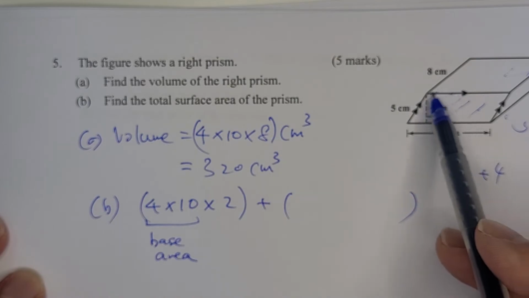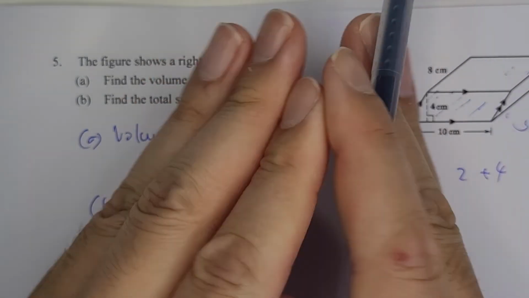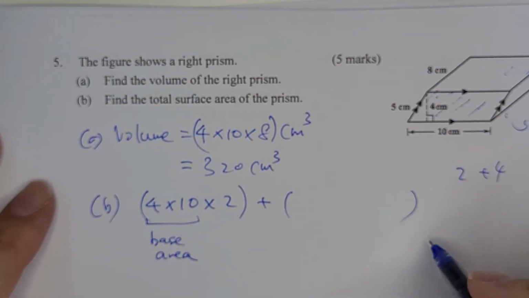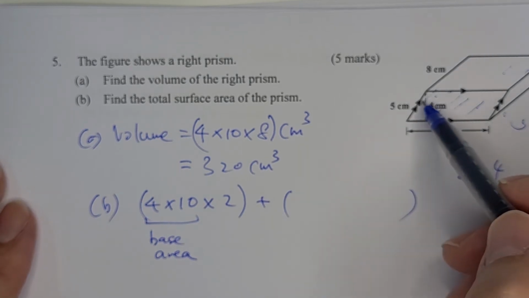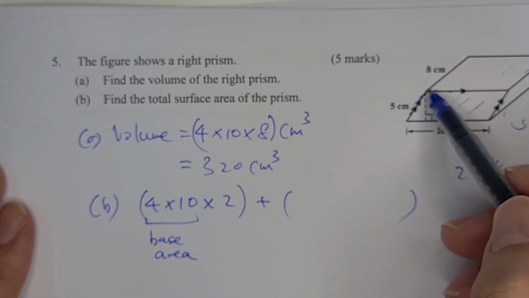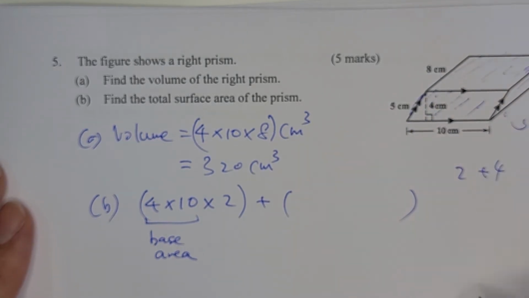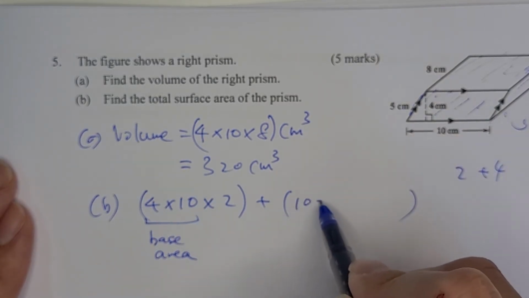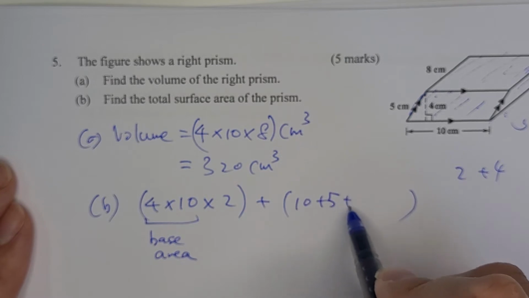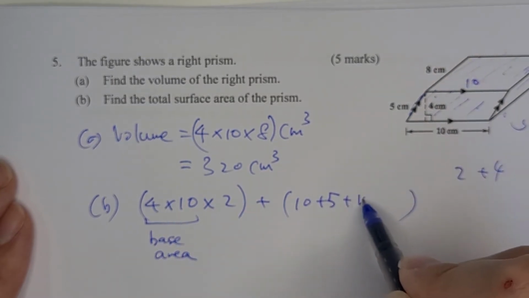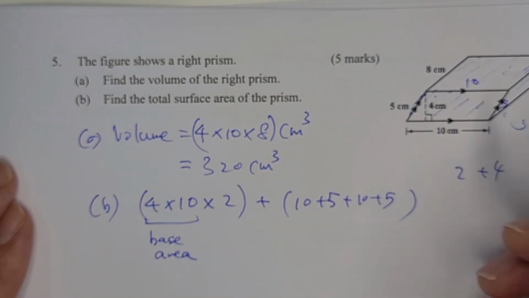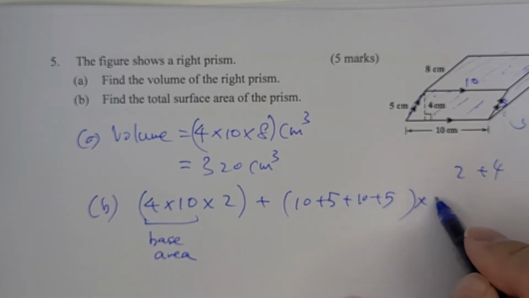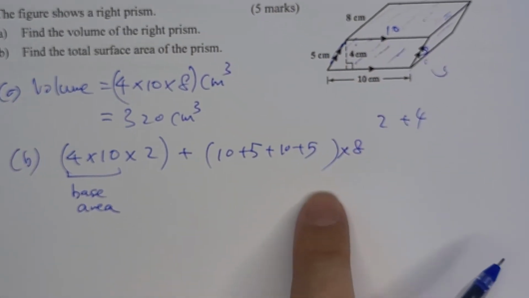When you remove this and take it out as a plain rectangular paper, you are just finding the area of this big rectangle. So it will be 10 plus 5 plus 10 plus 5, times 8. How does it come out?